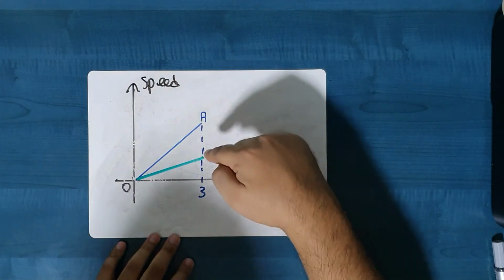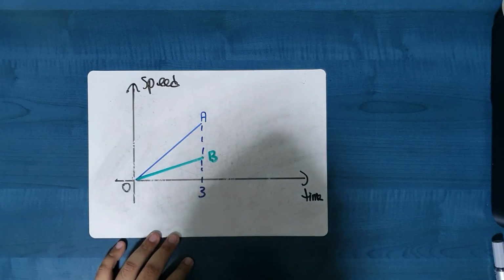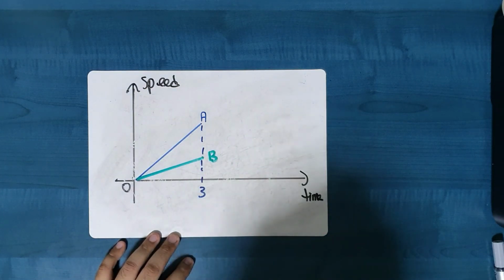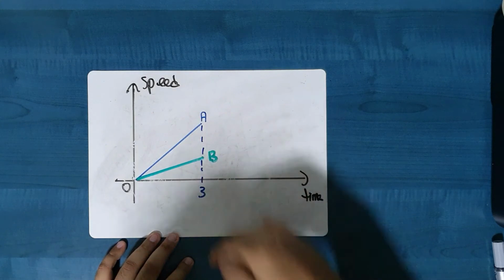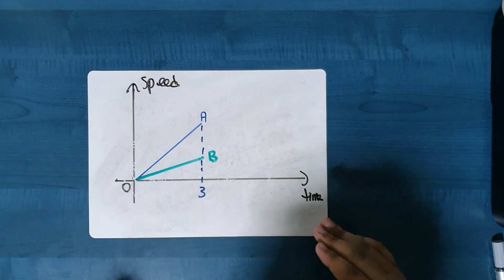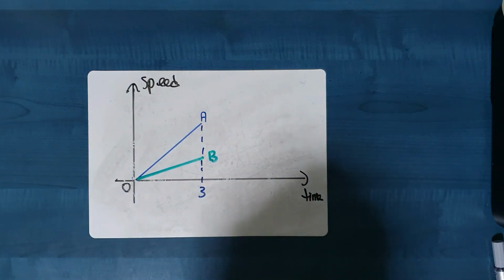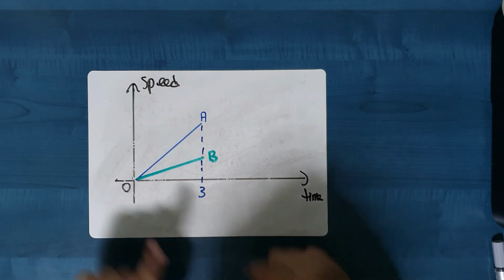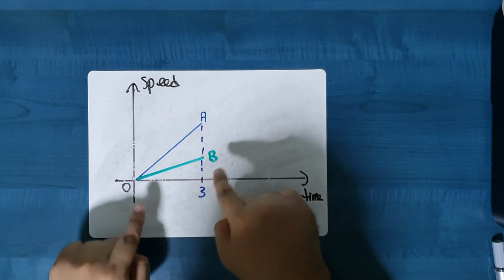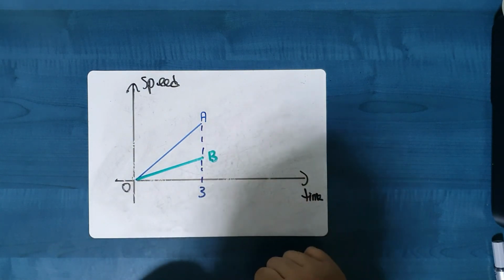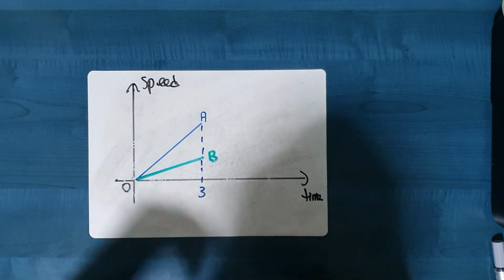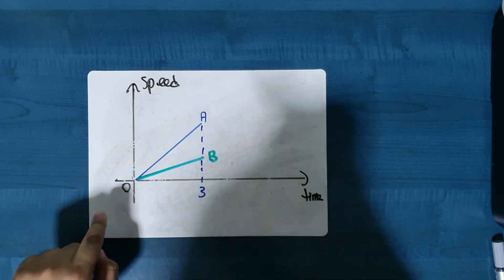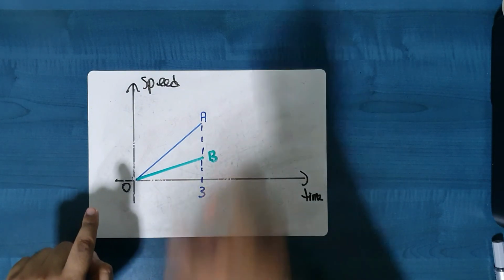Can you tell me which object, A or B, is moving with a greater acceleration? Meaning, which object is speeding up the most? If your answer is A, you are correct, because A has a larger gradient than B. Therefore, A has a larger acceleration than B, and A is speeding up much more than B.